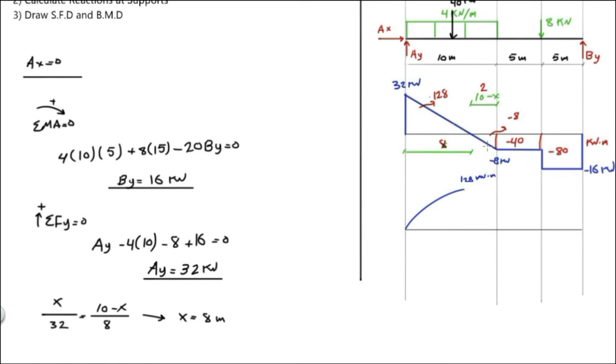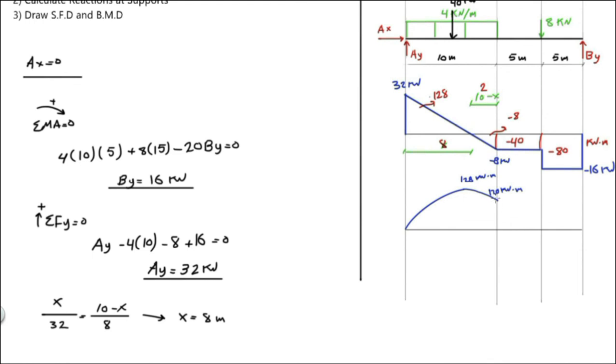And now this tiny triangle has the area of minus 8. So we will go 128 minus 8, which is 120. This is 120 kilonewton meter. Now here we have a rectangle, which means the shape here will be a line with decreasing slope.